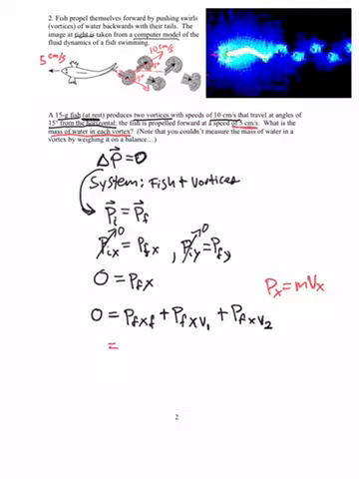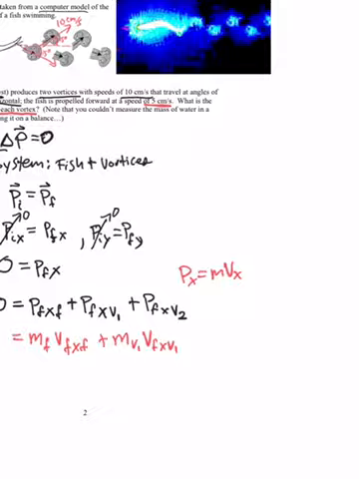So let's write that out. We have the mass of the fish times the final velocity of the fish in the x direction, plus the mass of vortex 1 times the final x velocity of vortex 1, plus the mass of vortex 2 times the final x velocity of vortex 2.